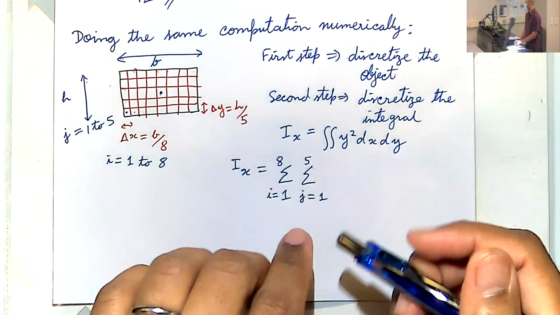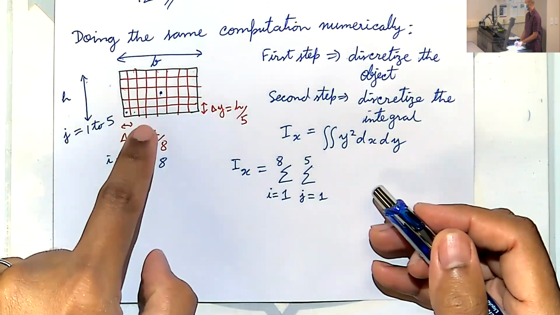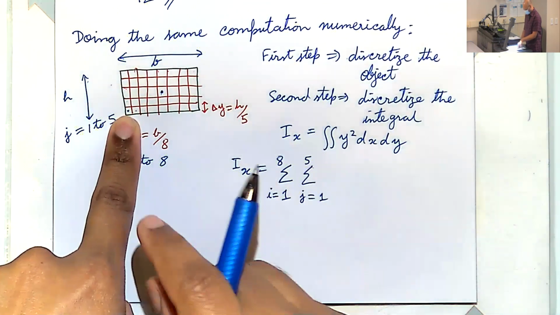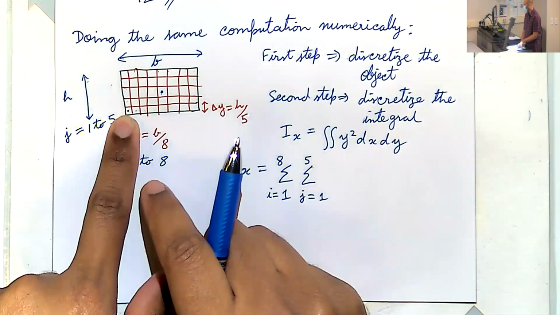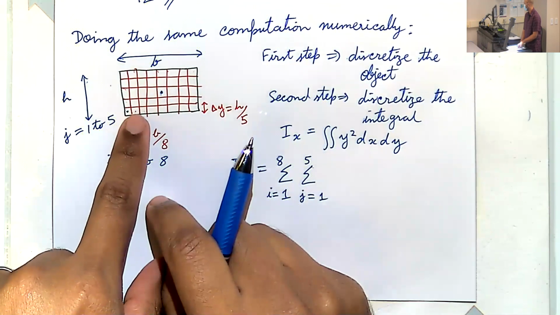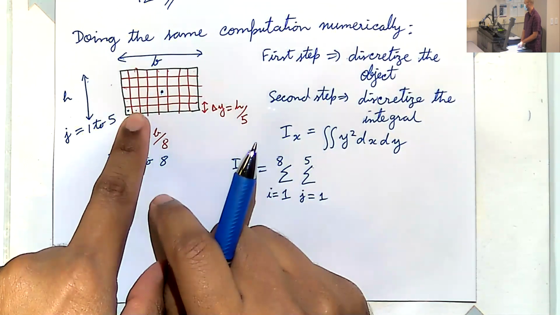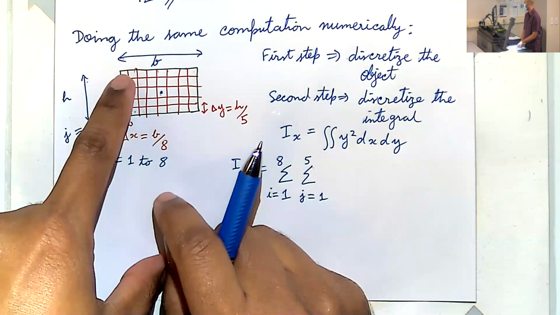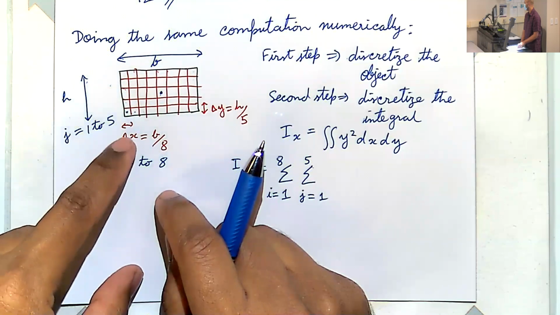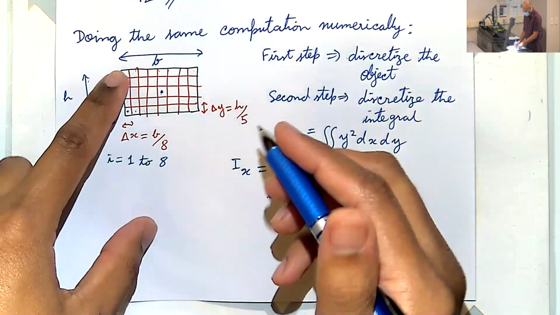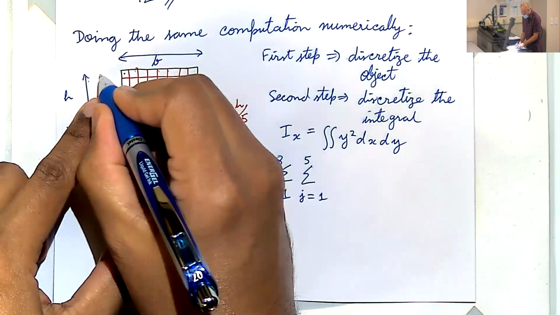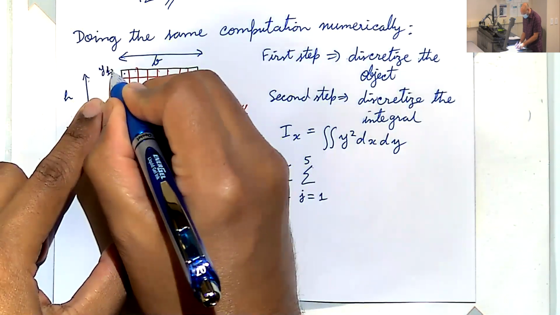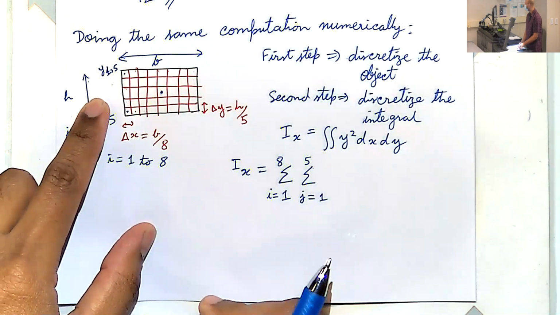How do we write y for box number 1? We can write y1,1, correct? Box number 2 here is y2,1. This is y1,2, the one on top here. This would be what? y1,5, correct? So if you write the y value here, it'll be y1,5. Okay.